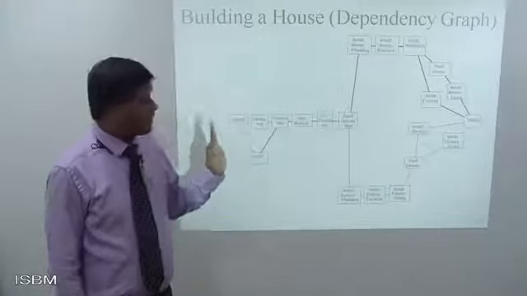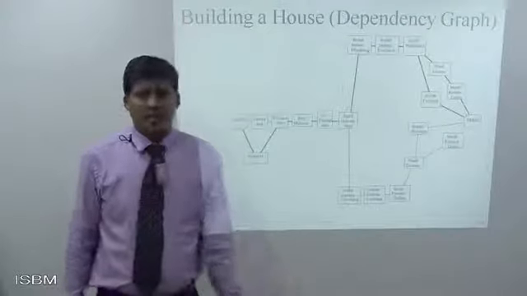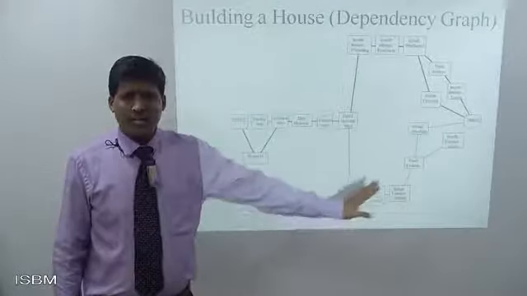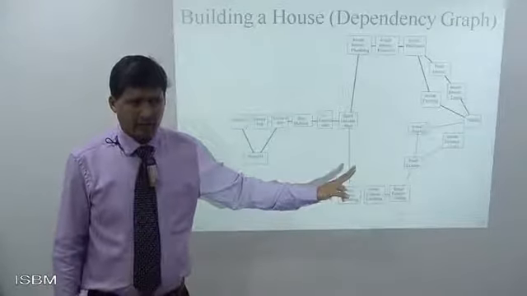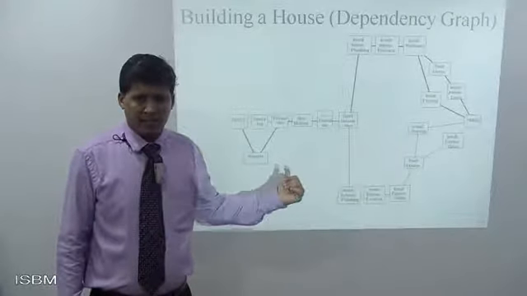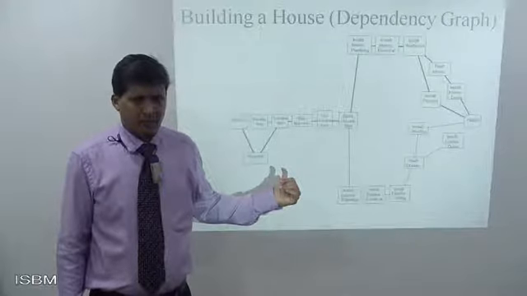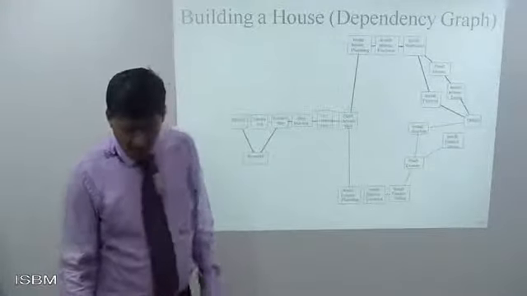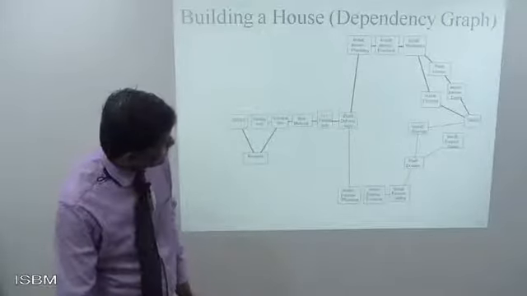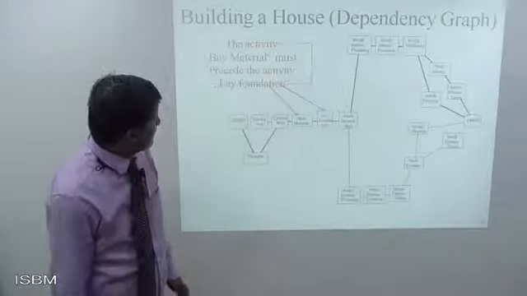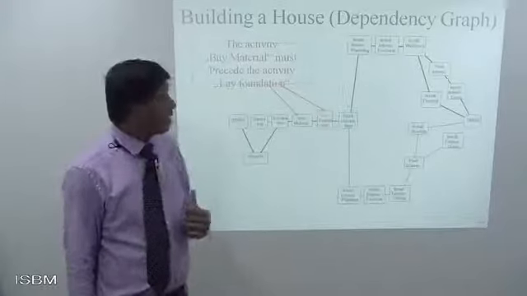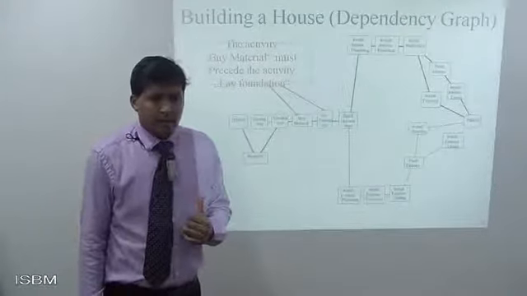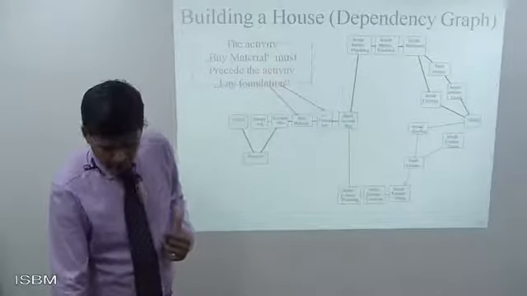So it gives a good dependency graph and shows that you cannot do a right side thing without doing the first precedence on the left. So this can only happen if it is moved up in a systematic way. The activity like biomaterial must precede the activity lay foundation. So that means that the precedence dependency has to be cleared as well.